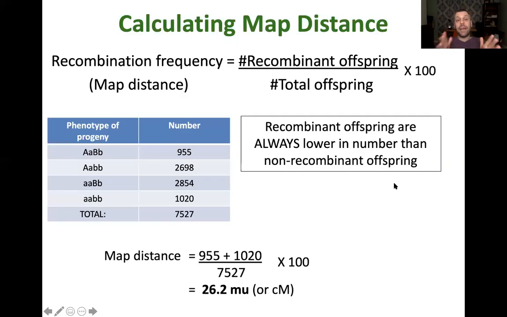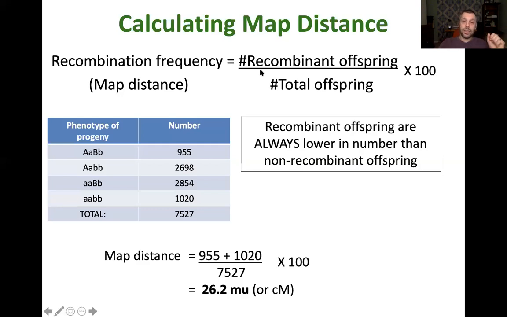Okay, to calculate the map distance or recombination frequency, number of recombinant offspring divided by total times 100. I told you earlier that recombinant offspring are always lower in number than non-recombinant offspring. That makes sense because recombination is a relatively rare event.